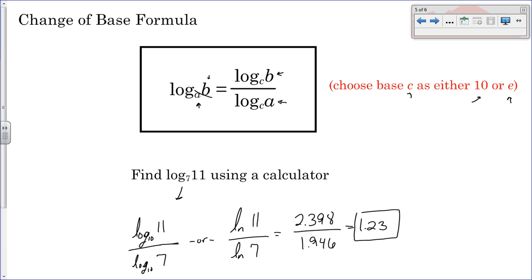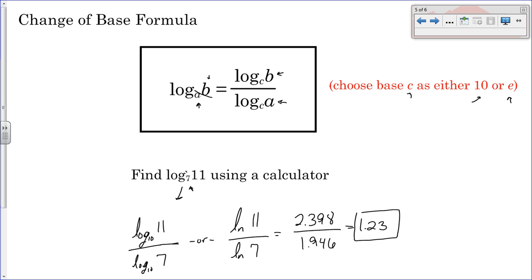So your change of base formula is the log and then either pick 10 or E. If you pick E, you're going to have a natural log. So you're going to have log base 10 or E of B, which in our example here is 11, over log base 10 of your previous base, the base that's actually in your original problem, log base 10 of 7.